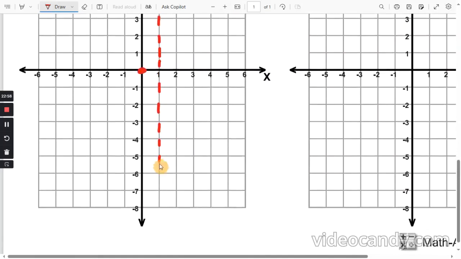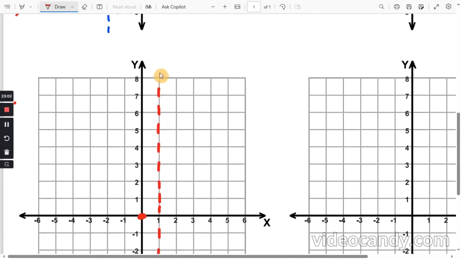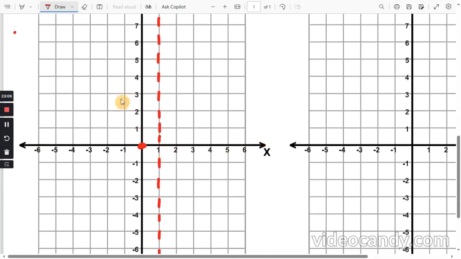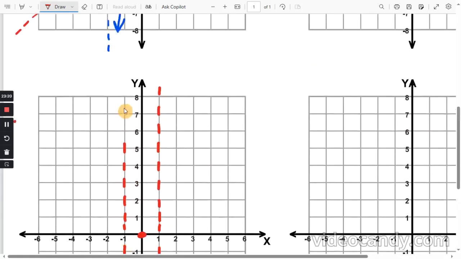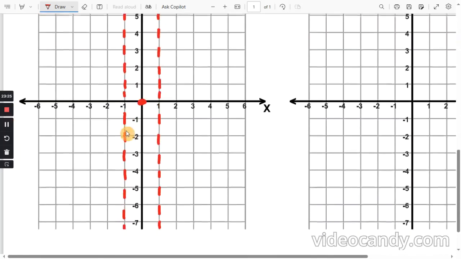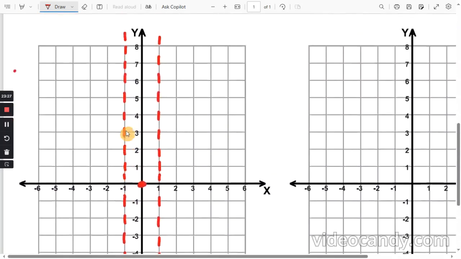All right, right through there. And then at x equals negative 1, right through the negative 1. All right. So we're in business now.